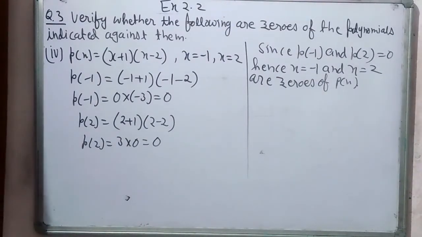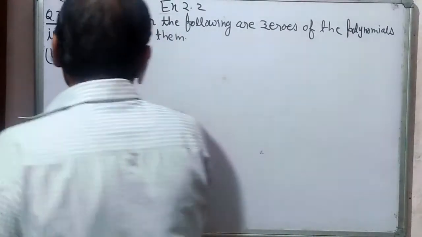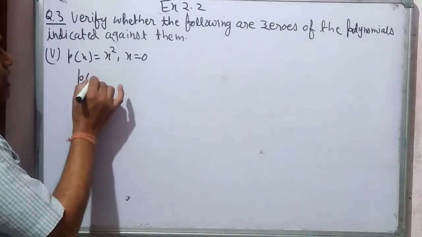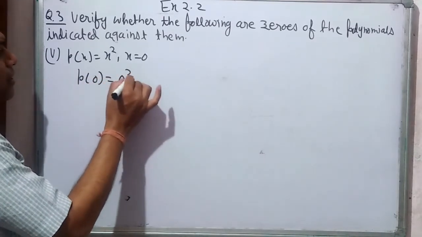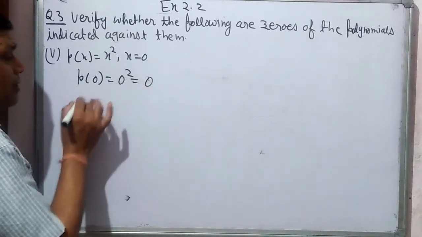In each and every case, we have to remember, we have to put the value of the variable and check if the value of the polynomial is coming 0. Similarly, in the fifth part, we have p(x) equals x square and the value of x is given to be 0. We'll simply find p(0) is 0 square, which is 0 again.